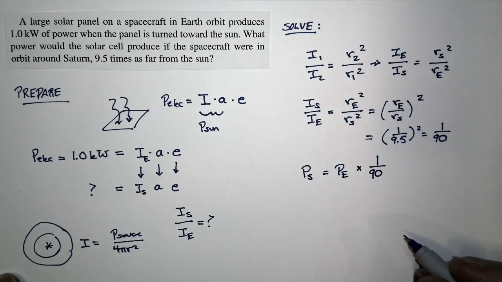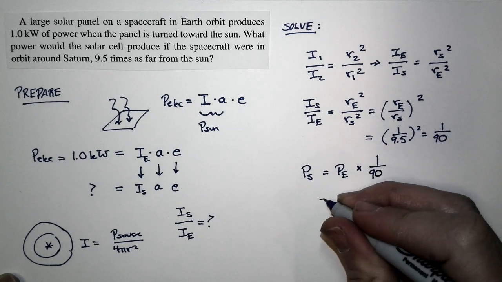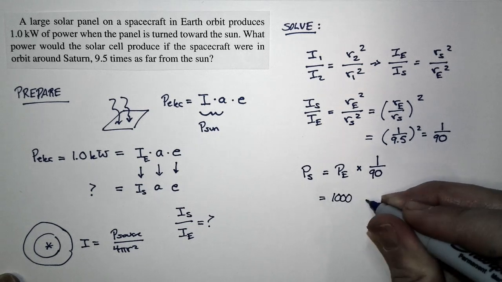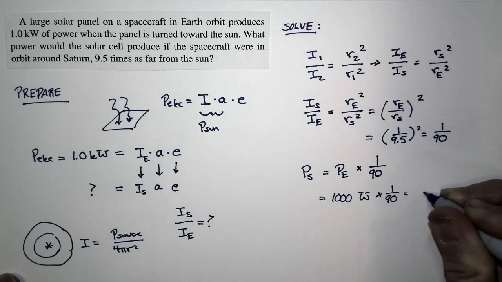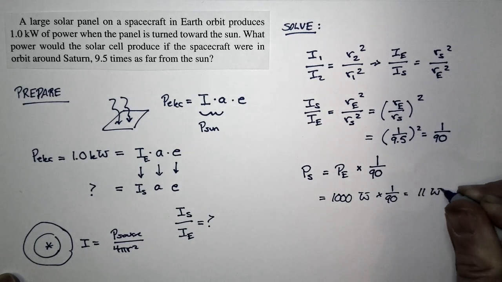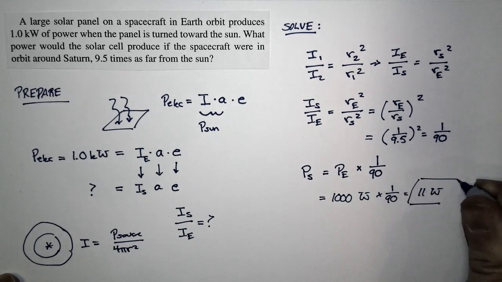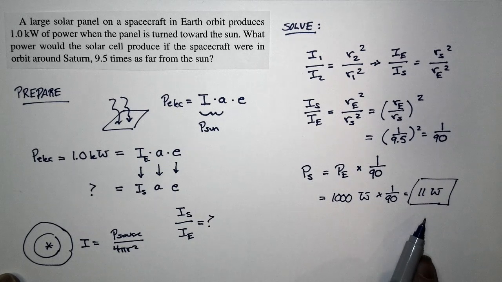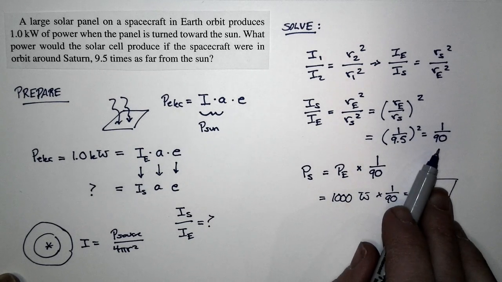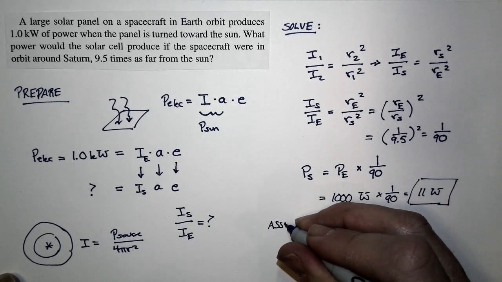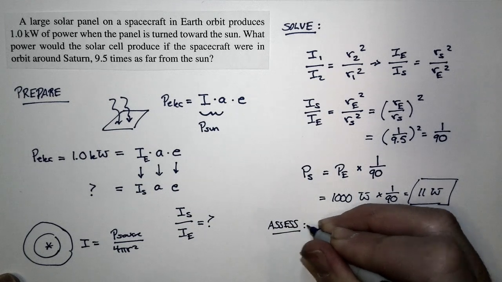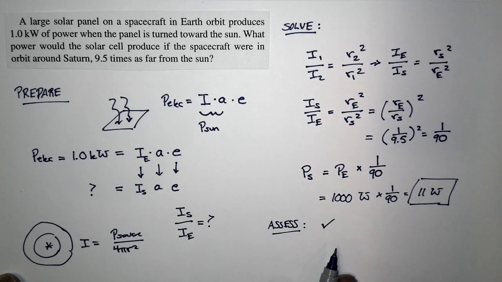It'll only be 1/90th as much power. That's 1,000 watts times 1/90th, which is about 11 watts. That makes sense because I have about 1/100th as much intensity, so about 1/100th as much power. My result seems reasonable in terms of what we know about energy and intensity.